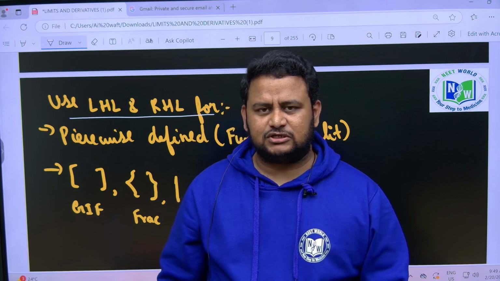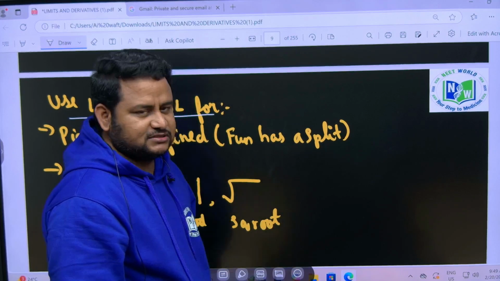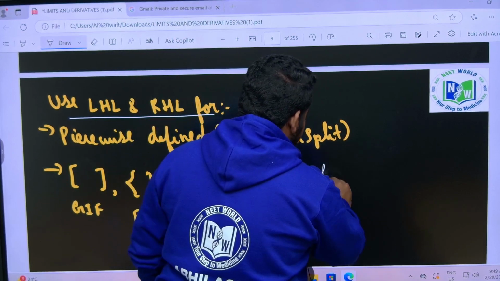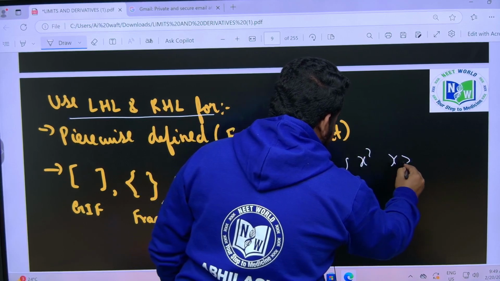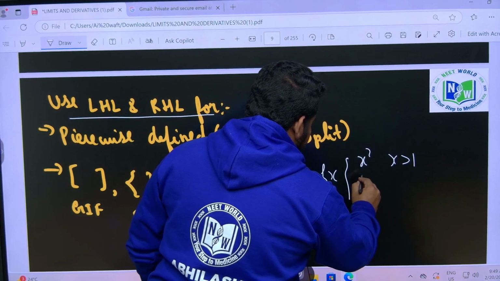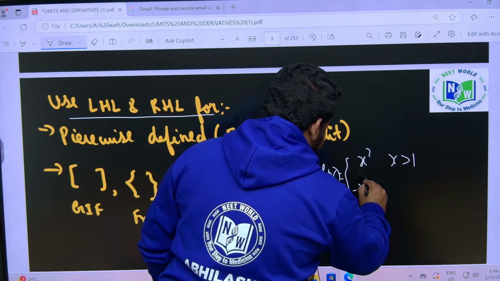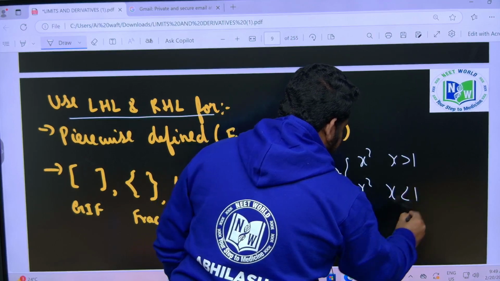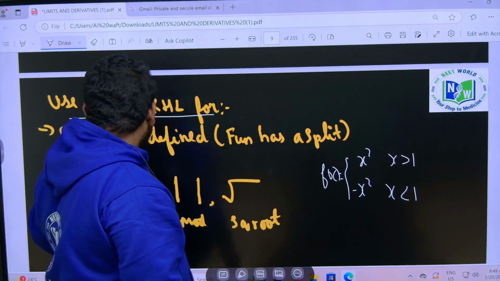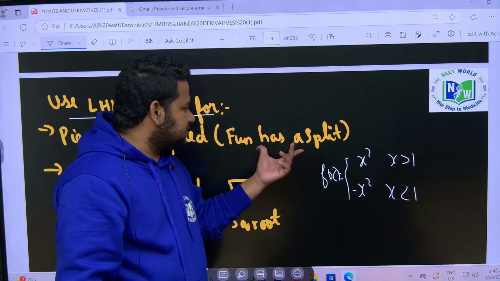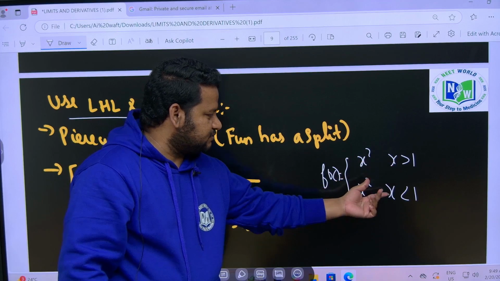Suppose a question is a piecewise defined question, that is, they give f of x is equal to x square if x is greater than 1, and f of x is equal to minus x square if x is less than 1.